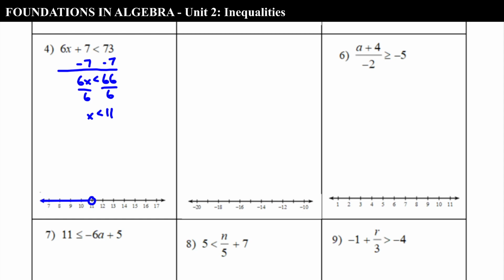For example 6, we're going to multiply each side by negative 2. So you've got a plus 4 is greater than or equal to 10. Now, what did I do wrong here? Can you catch what I did wrong? So the thing that I did wrong here was I did not flip my sign.